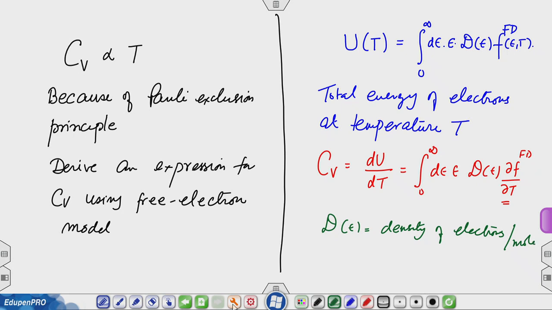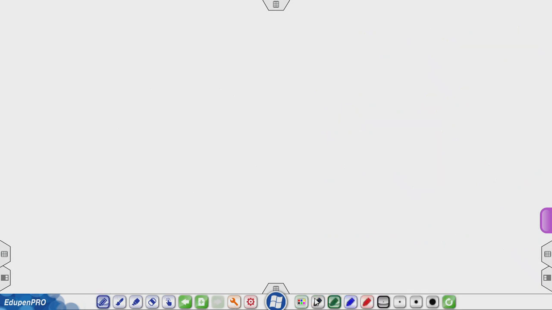What we need therefore is the density of states and all that for a three-dimensional electron gas and the Fermi-Dirac distribution. So let me take them up one by one.